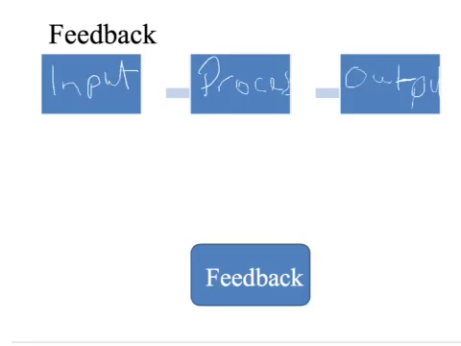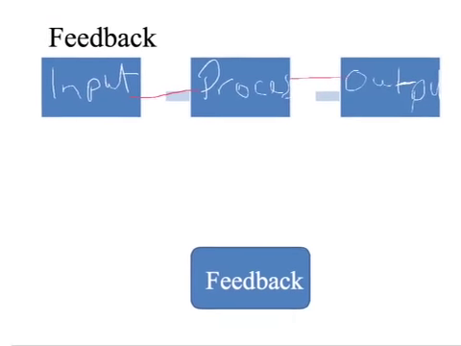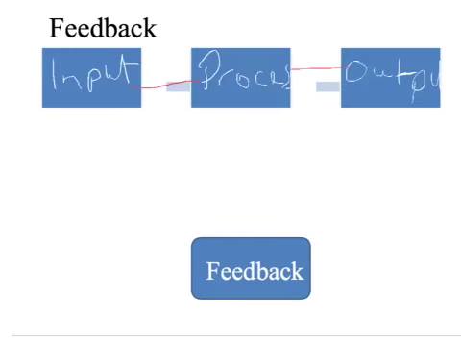In this system, the input is processed, and action happens as a result of that processing. Then this is sent via a feedback, and the whole system starts all over again. We're going to look at an example of that on our next page here.